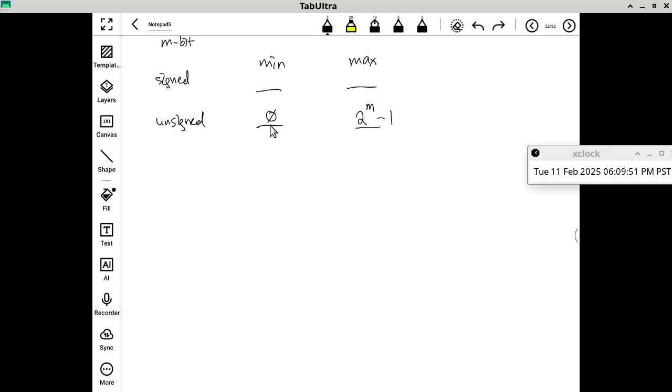So if you want to push yourself a little bit more, then you ask, why is that the case? Can we prove that given m bits, the largest unsigned value it can represent is 2 to the power of m, the whole thing, minus 1?